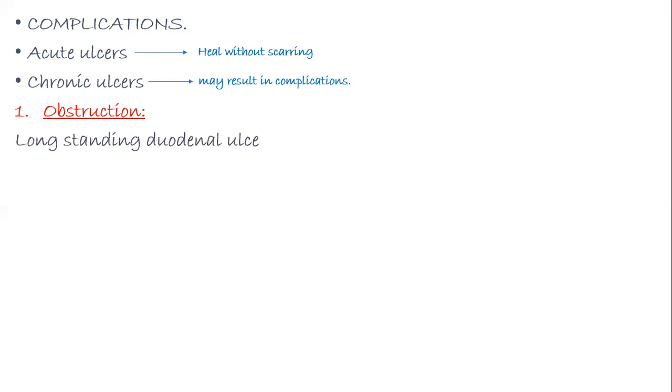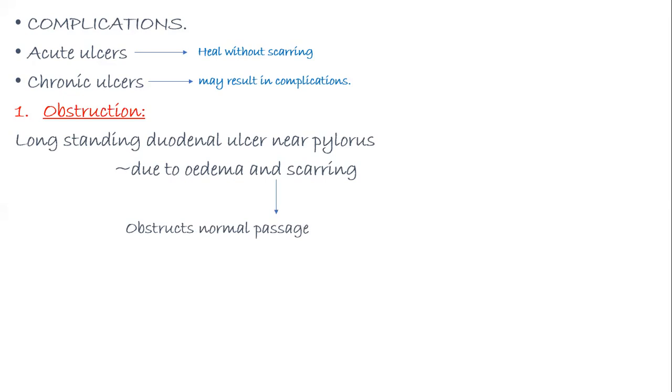A long-standing duodenal ulcer near the pylorus, when it starts to heal, is going to show edema and scarring. Due to this edema and scarring, the passage near the pyloric sphincter gets reduced, and it obstructs the normal passage of the gastric contents.